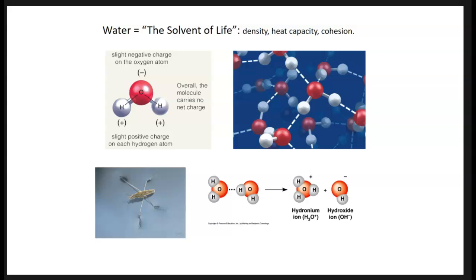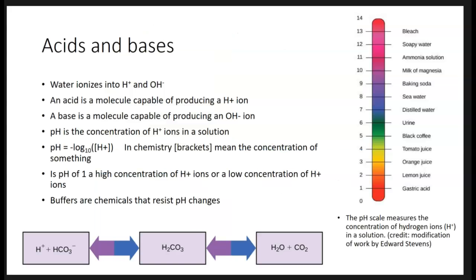And so that hydrogen H+ ion goes to hydronium, and this plays a role in acid and base chemistry. So water, H2O, can ionize into hydrogen ions and hydroxide ions. And an acid is a molecule that's capable of producing hydrogen ions into a solution. A base is a molecule that's capable of producing a hydroxide ion.